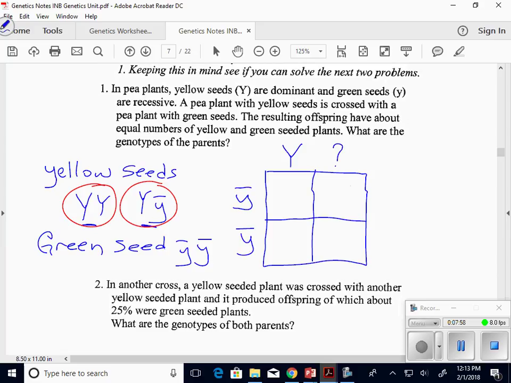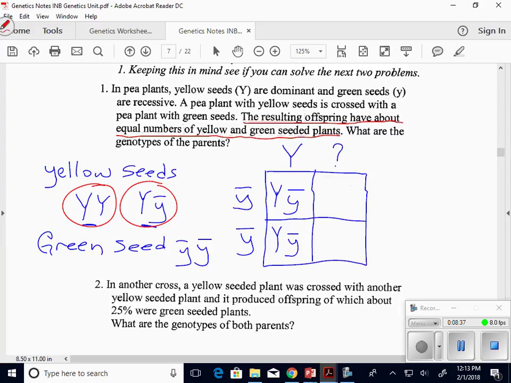So, I know right now, without even doing anything, that these boxes right here are both yellow seeds, right? Now, the big thing that's helping me with this problem is right here. The resulting offspring have about equal numbers of yellow and green seed plants.